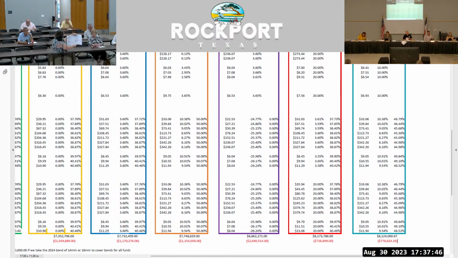Let's remember that we did not do any of the 22-23 CIP because we did not have money. So now we need to add that number to the 23-24. We're a little behind. We can catch up.